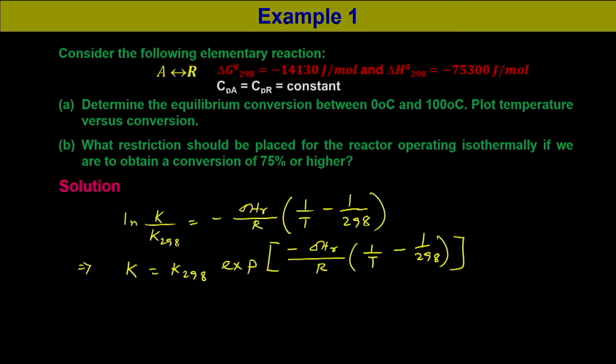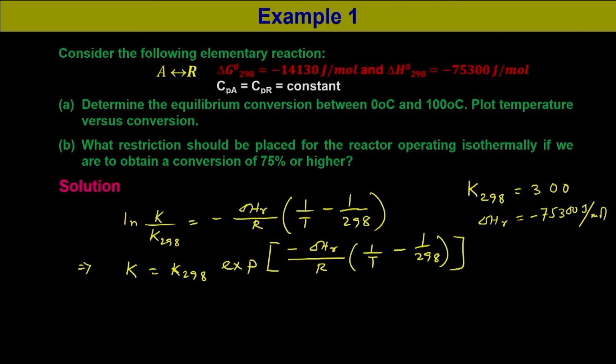Now, if we substitute the values, K 298 we have calculated, which is equal to 300, and delta HR is equal to minus 75300 joule per mole.